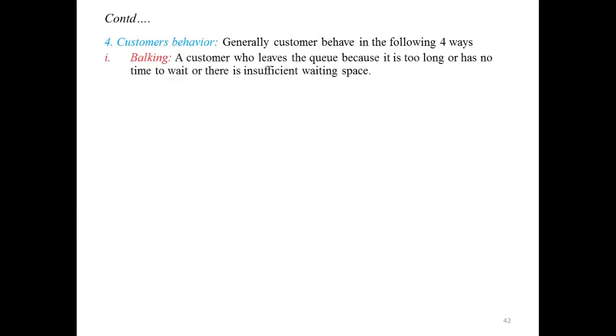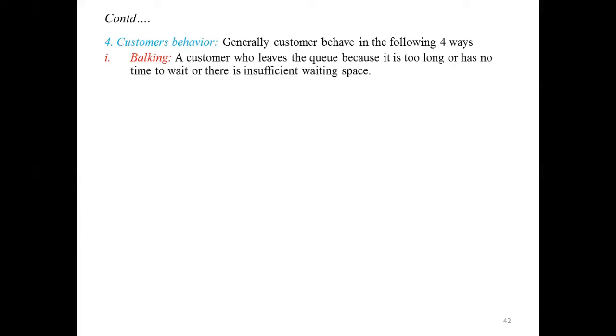Next, the fourth one, customer behavior. Generally, customer behavior involves the following four ways. The first one, balking. A customer who leaves the queue because it is too long, or has no time to wait, or there is insufficient waiting space.